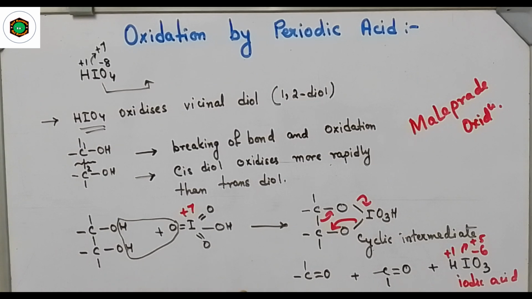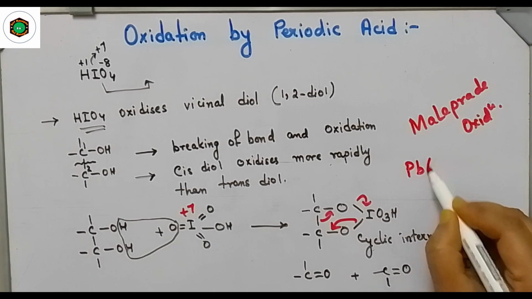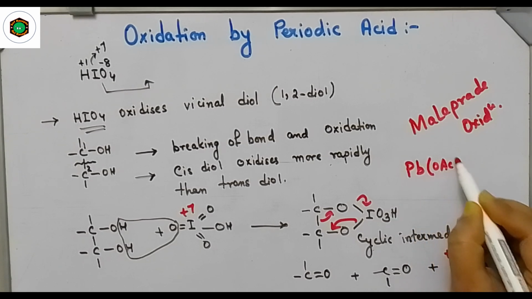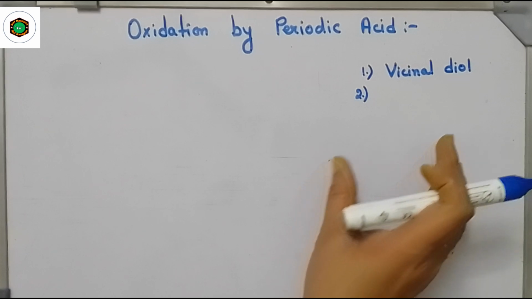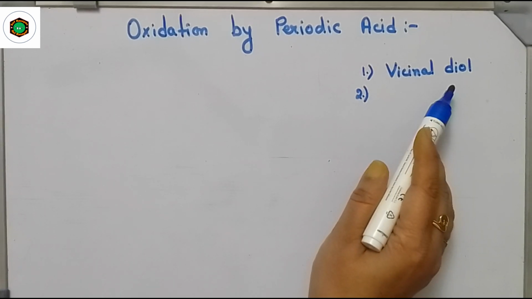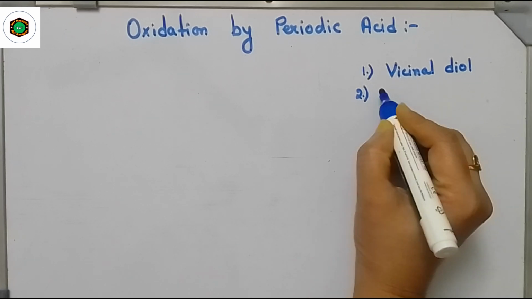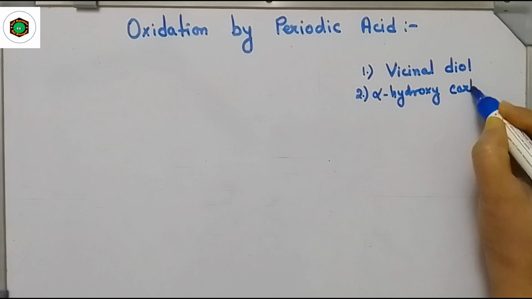Similar type of oxidative cleavage also takes place with lead tetraacetate. Lead means Pb(OAc)4. This is called lead tetraacetate. So we have seen periodic acid oxidizes vicinal diol. Also it can oxidize alpha hydroxy carbonyl compound.